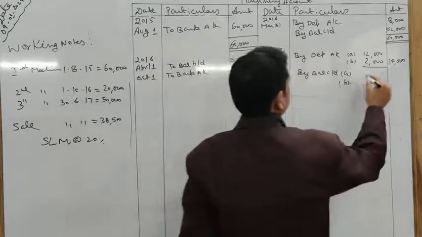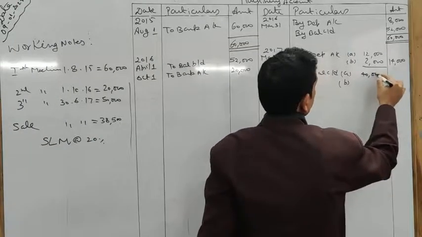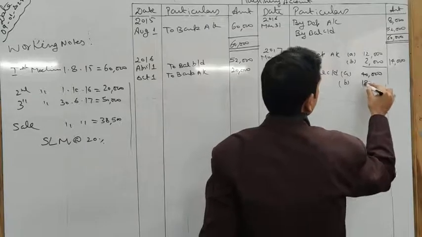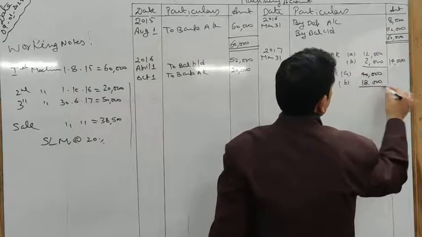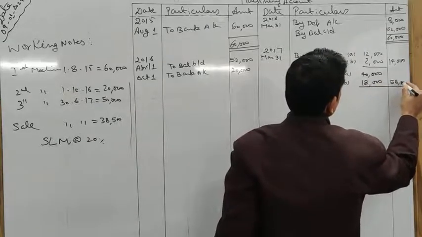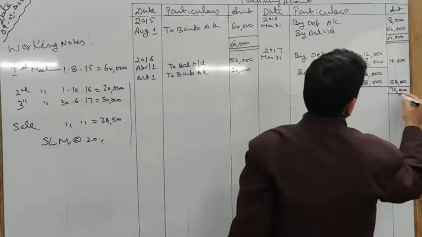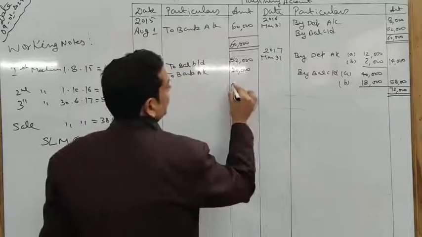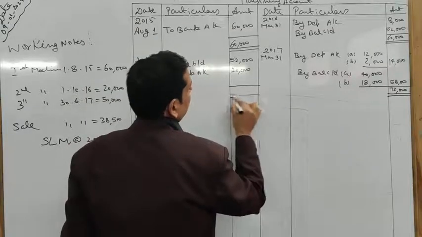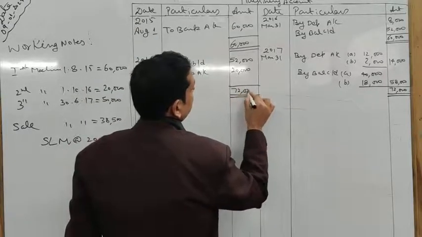So the balance of A machine is 40,000, and of B machine 20 minus 2, that is 18. So total is 58 and 72. Make a total here also, that is 72,000.